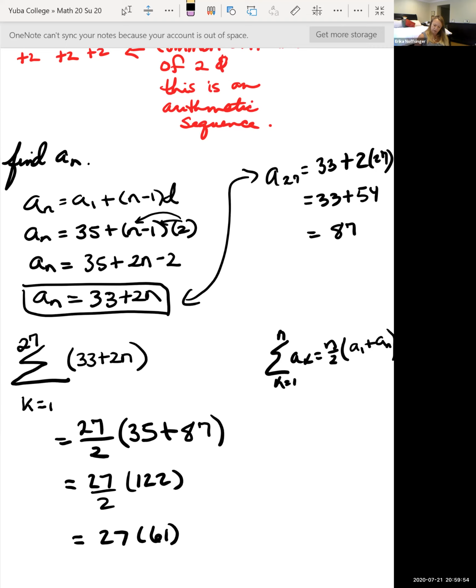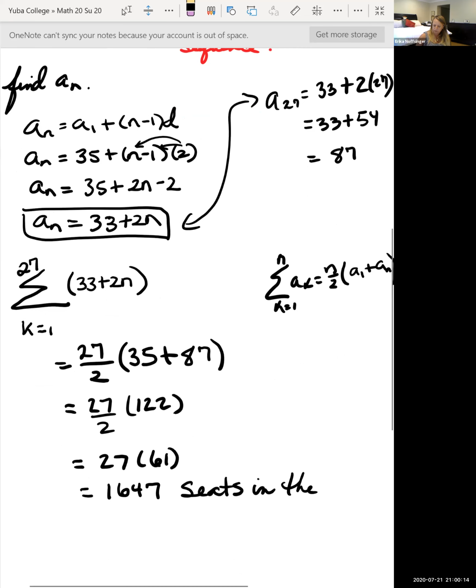So 27 times 61 gives us 1,647. We're talking about seats in the amphitheater. For some reason.